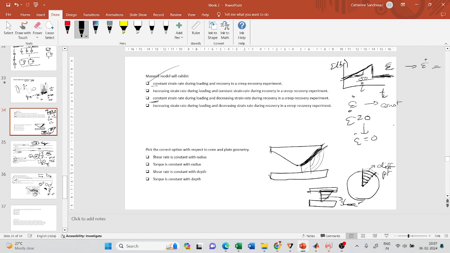So the shear rate will remain constant with radius. Whatever change is happening with respect to the radius will be compensated by this change in height.